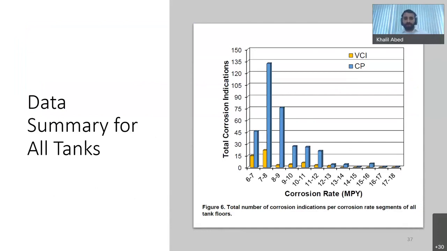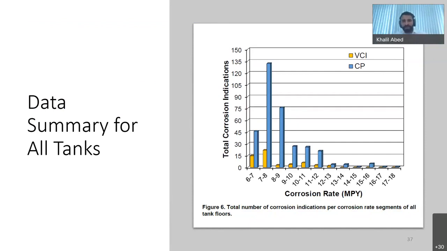The tanks were later inspected as per the scheduled T&I, between 7 to 10 years. The MFL floor scan data findings are summarized in the graph on the screen, which plots the total number of corrosion indications per magnitude of corrosion rate.